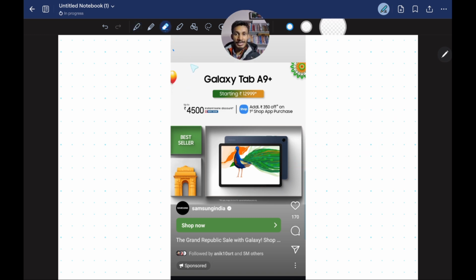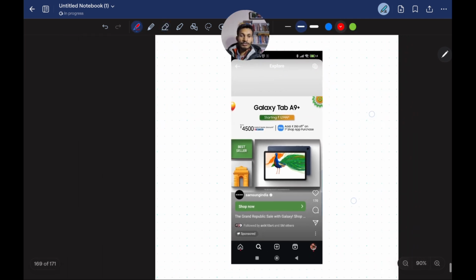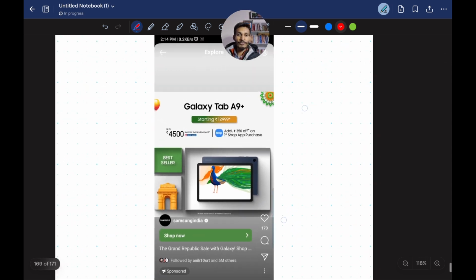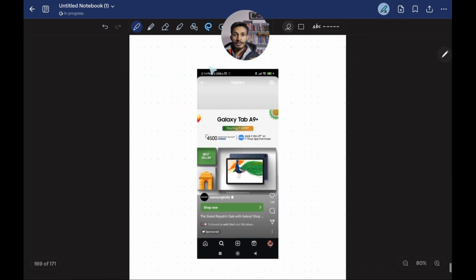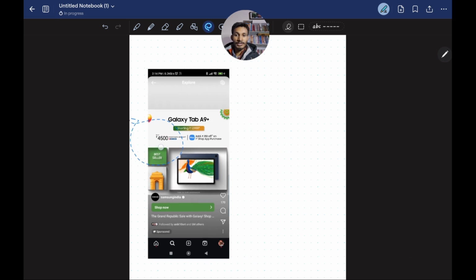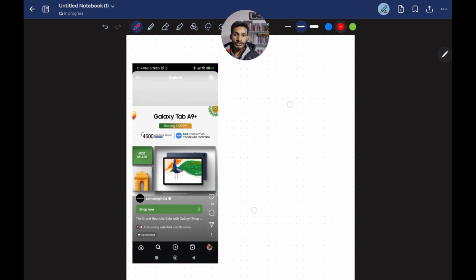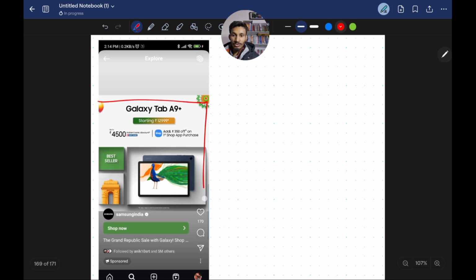I do really like what they have tried to achieve with their ad. The only thing that I would do is have an image of a different aspect ratio, because from what I can see, this is probably 1:1, so that means it is a square.